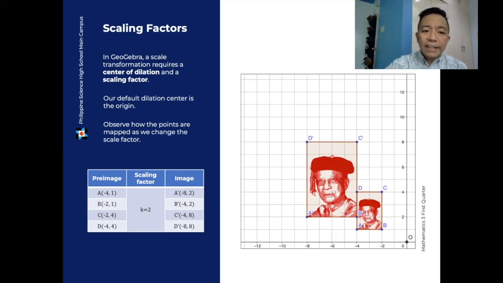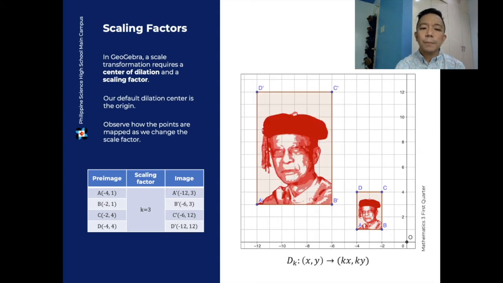We increase our scaling factor to 2, so ganun din nangyari. Yung dimensions ay 2 by 3, naging 4 by 6. Yung coordinates natin, na-multiply lang din natin ng 2, yung x and y coordinates from the pre-image papuntang image. If we change the scaling factor to 3, again, let's look at the dimensions.